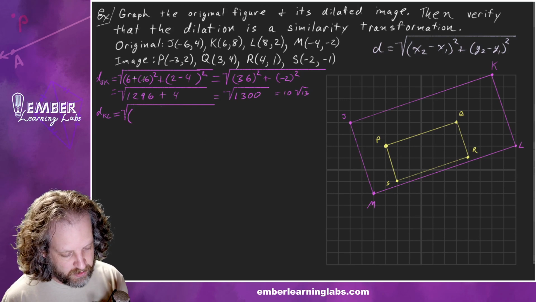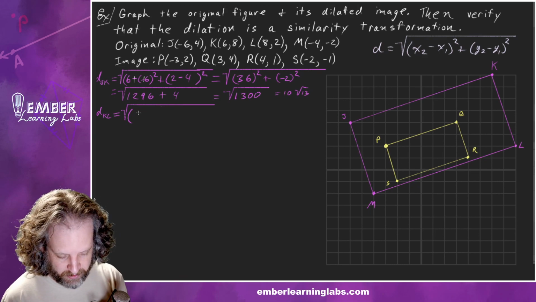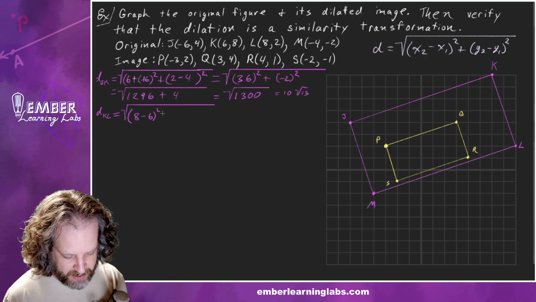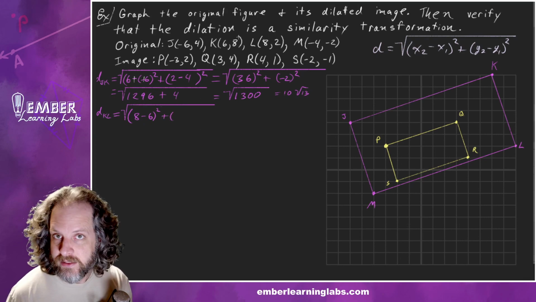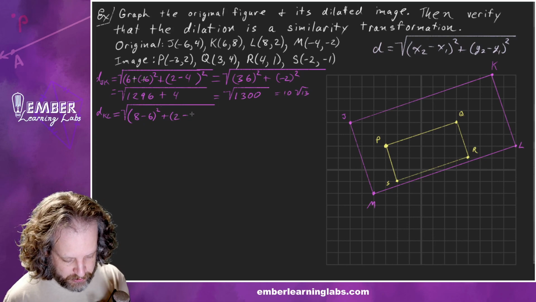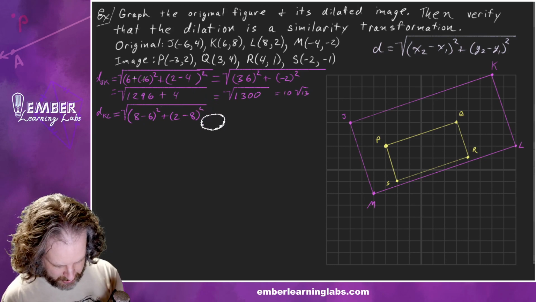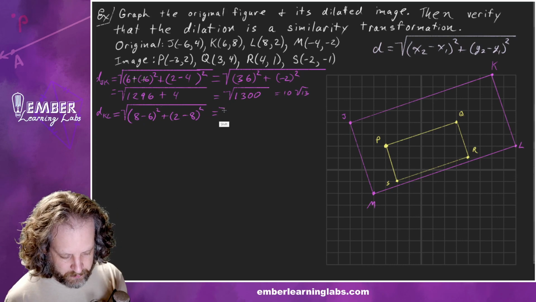All right, so 8 minus 6 and then 2 minus 8. I don't know what I was doing, right? 8 minus 6 squared plus 2 minus 8. 8 is the y, right? 2 minus 8 squared. That's going to change what we're doing, and we're not going to have this fun, happy stuff canceled.